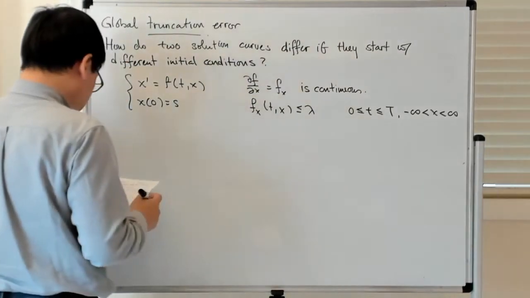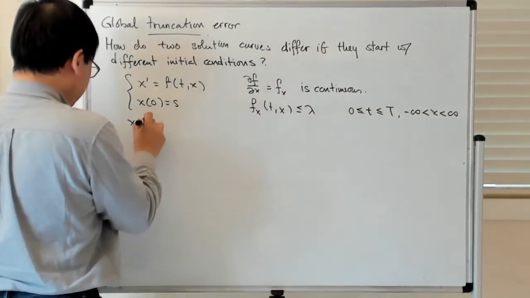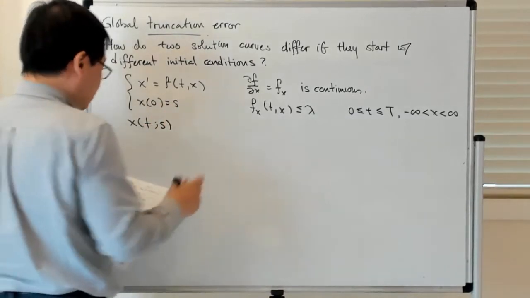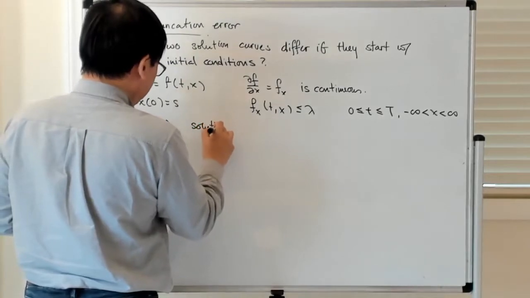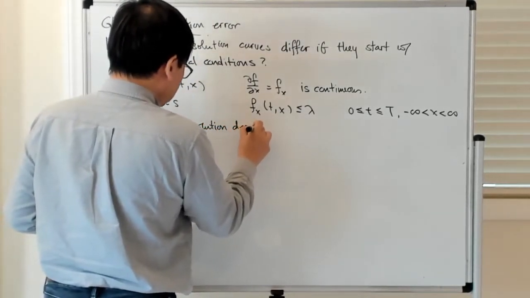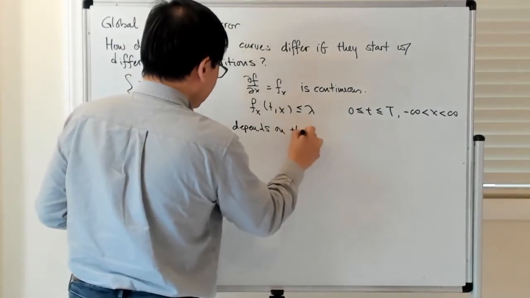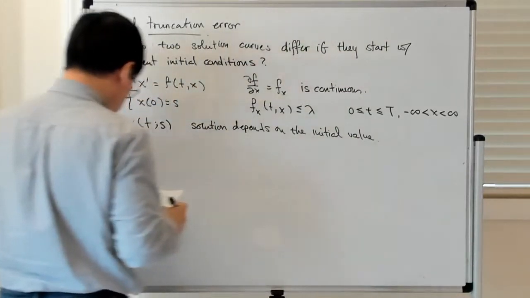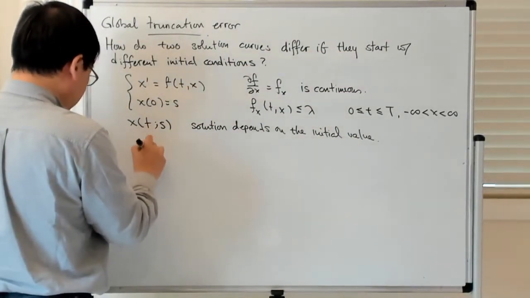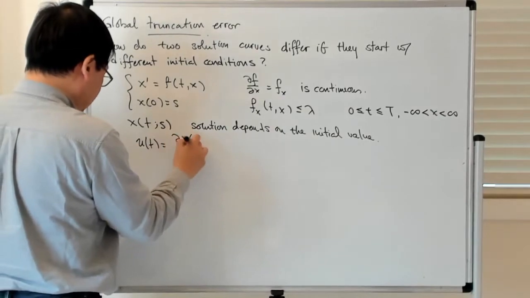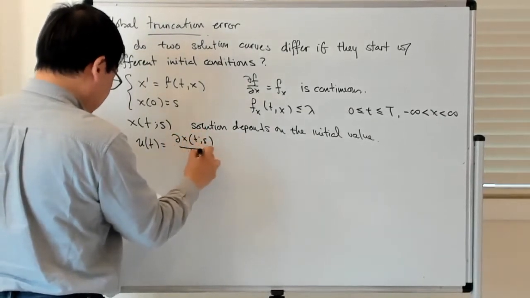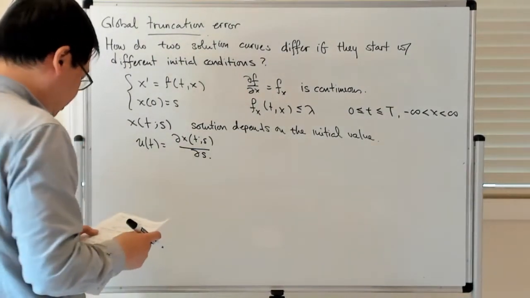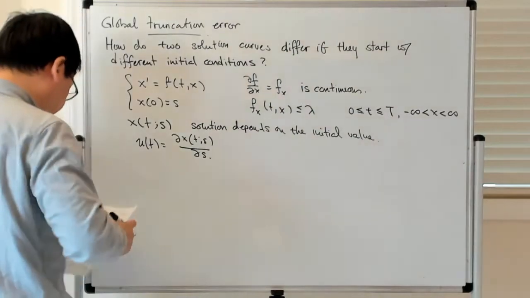Okay, so you can think of x as being time dependent, but also implicitly dependent on s, which is the initial data. So the solution depends on the initial value. Okay, and then let me define u of t to be the partial of x of t, s with respect to s. And so this leads to the idea of what is called the variational equation for u, right?